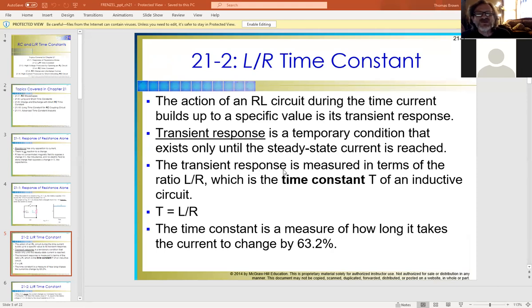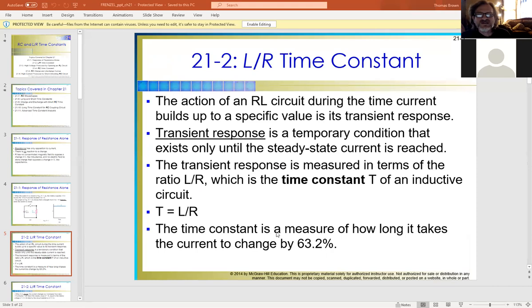When we look at the transient response, we measure it in terms of the ratio of L over R. What this is basically doing is trying to figure out the particular time constant of the circuit that you're involved with. So we see a new formula here, where T is equal to L over R. That is our ratio.